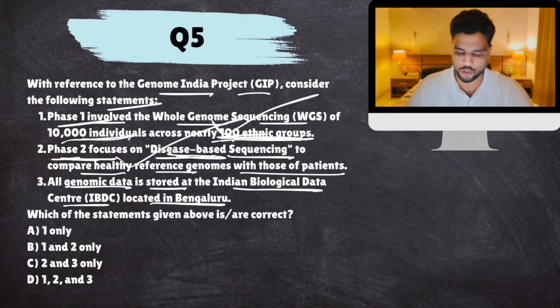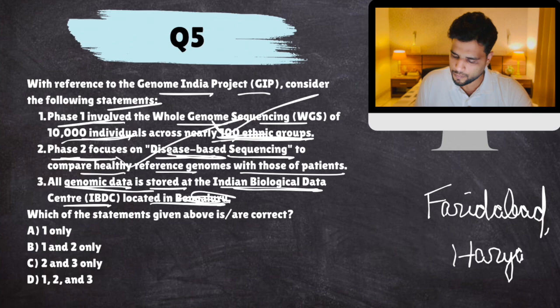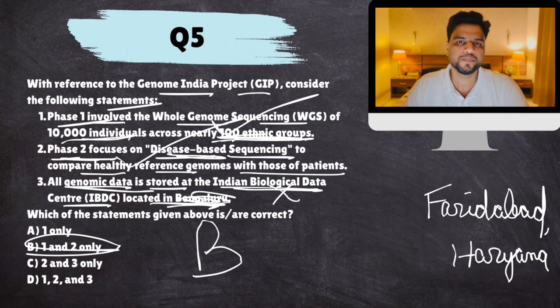Okay, this is 2. And the entire genomic data would be stored at Indian Biological Data Centre, which is not in Bengaluru, it is in Faridabad, Haryana. So this is false because of the location. So the answer would come out to be B, 1 and 2.